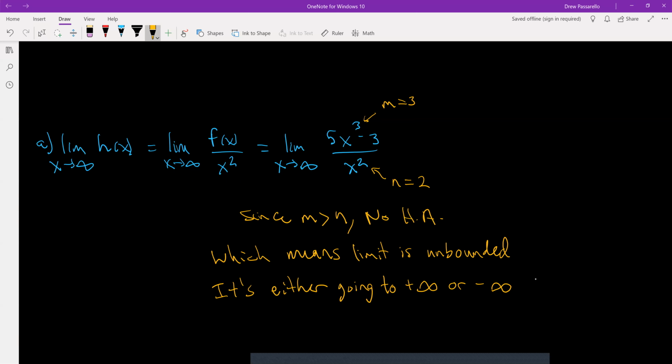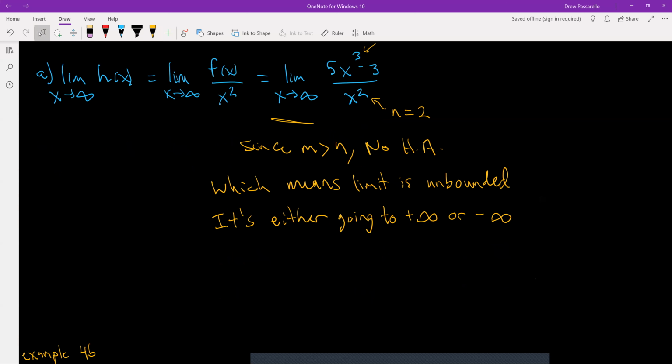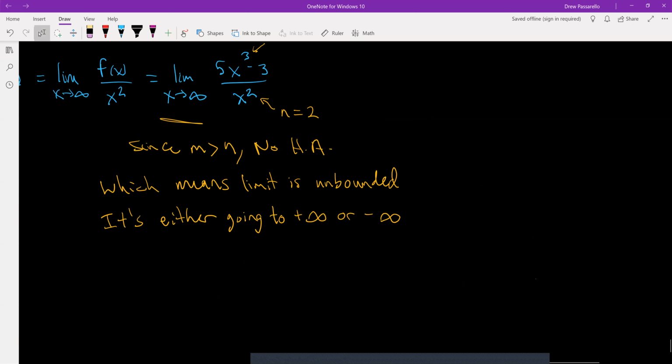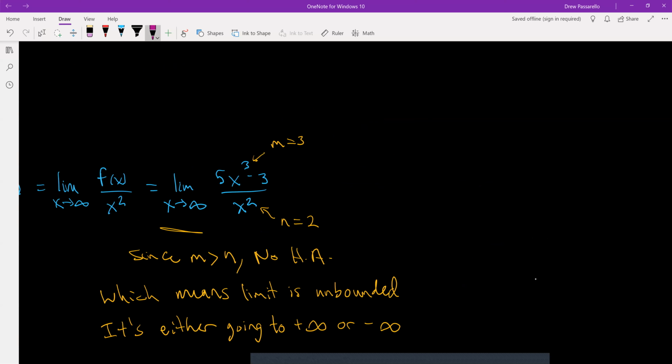Now because x is approaching positive infinity, so they tell us x approaches positive infinity, it's going to be a really big positive number. And I look at each case.